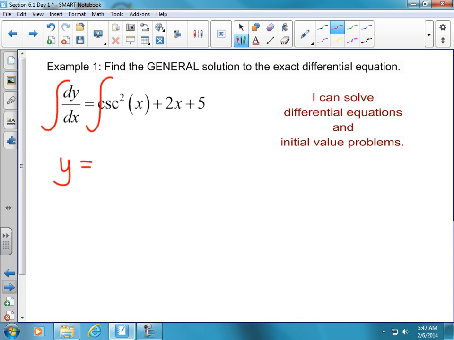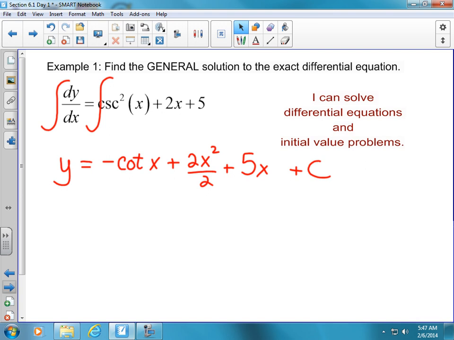The antiderivative of cosine squared, make sure you have these things memorized, is negative cotangent. And then 2x, we add 1 and divide by that number. When you have the antiderivative of 5, that's 5x. And then you add a plus c. That is your answer. That is solving the differential equation.